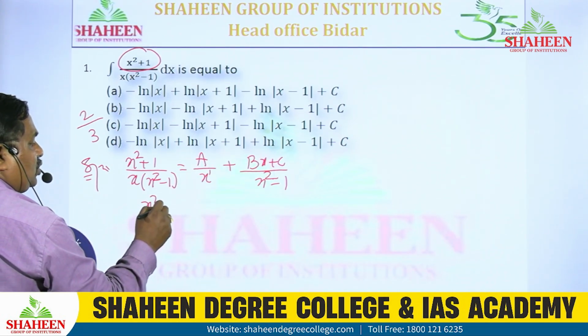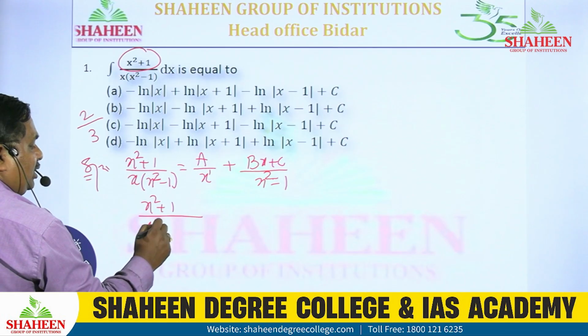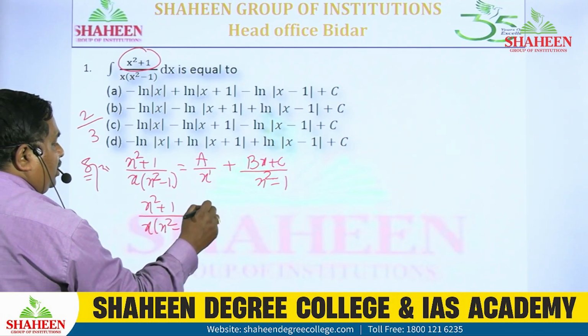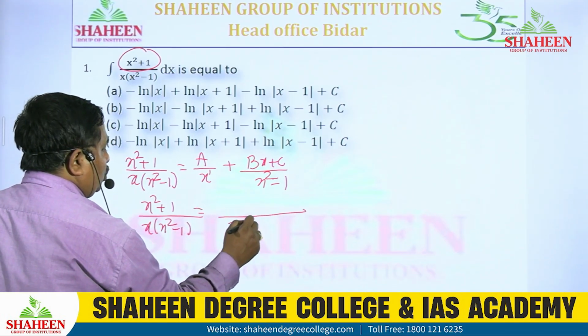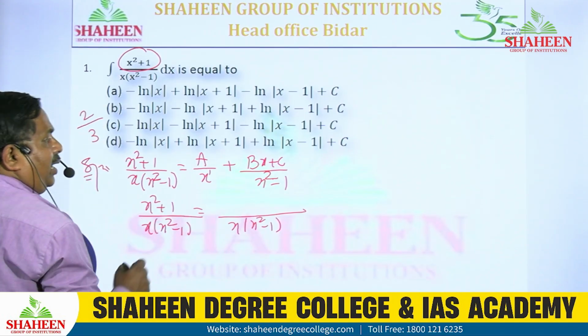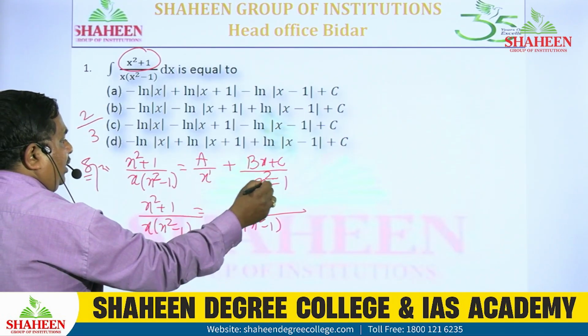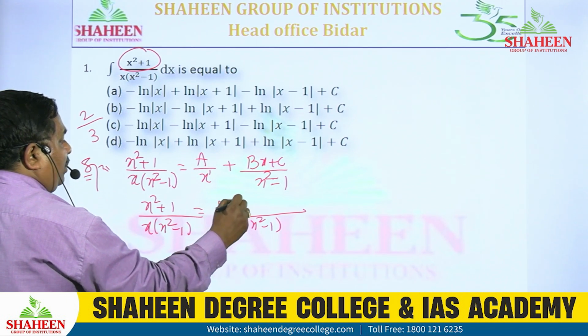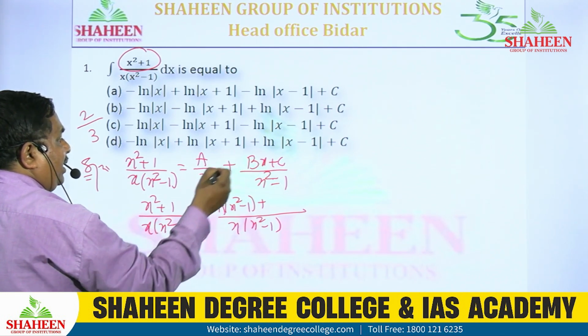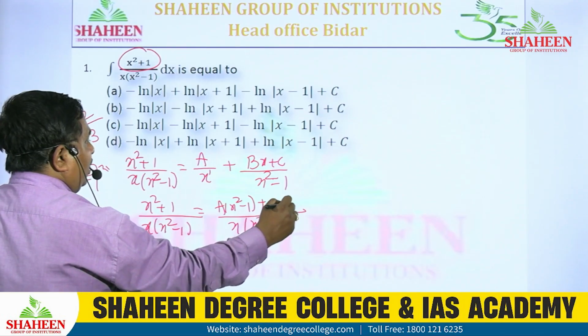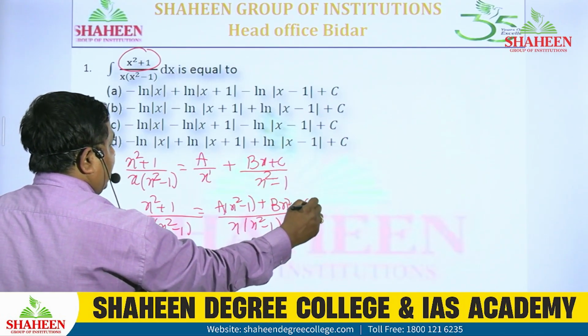We get x square plus 1 divided by x into x square minus 1 equal to the LCM x into x square minus 1, and the numerator is cross multiplied: a into x square minus 1 plus bx into x, that is bx square, plus c into x, that is cx.